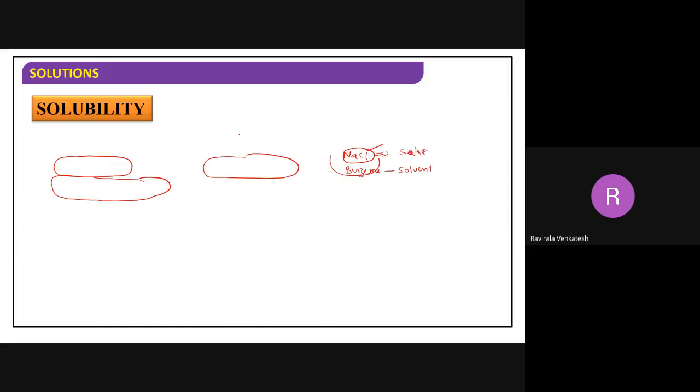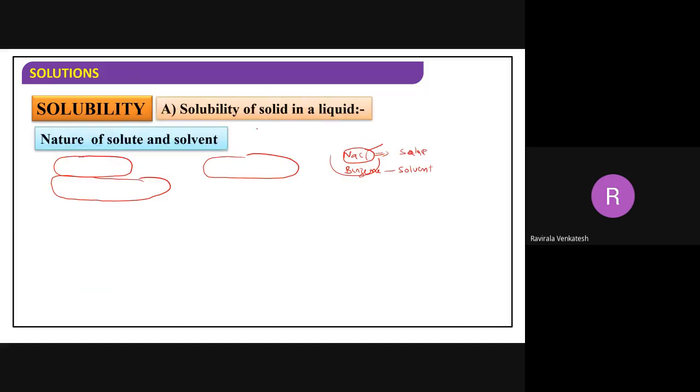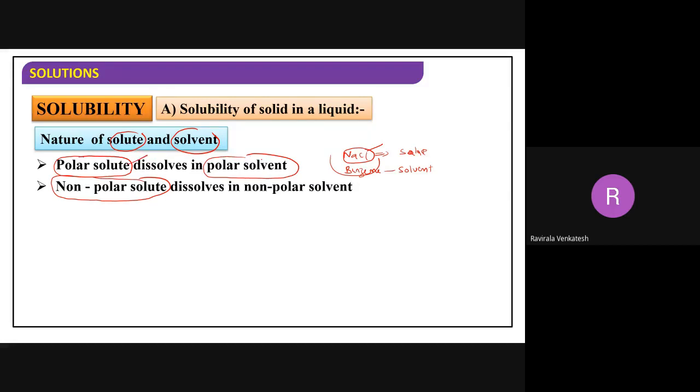First of all, we'll see solid in liquids, in which first the nature of the solute and the nature of the solvent will be discussed. Already you know this one, polar solute dissolves in polar solvent, correct? Now tell me, if I take NaCl and dissolve it in benzene, is it soluble?